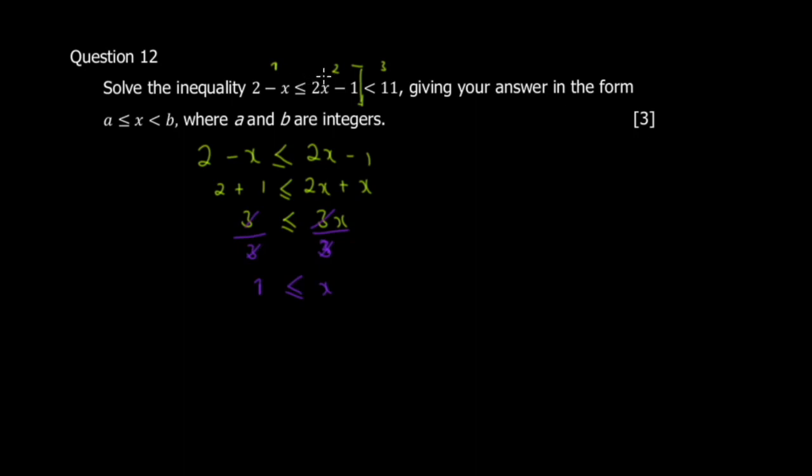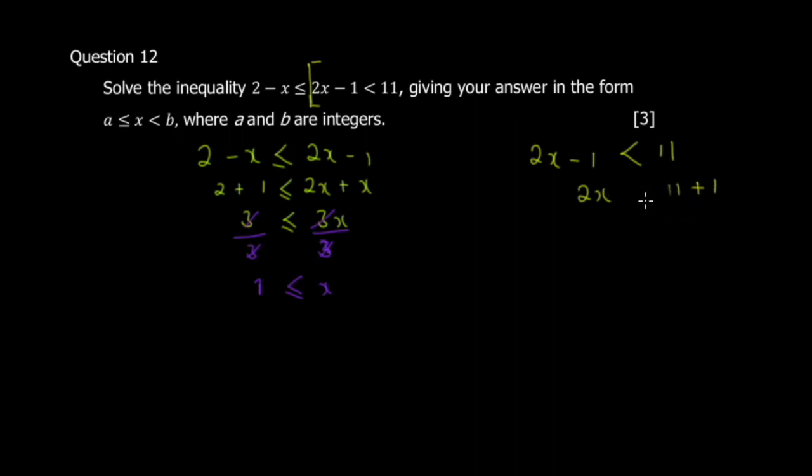The second part would be this part here. Remember, this whole thing is a single value. So again 2x, plus this one goes there, so this one becomes plus 1.